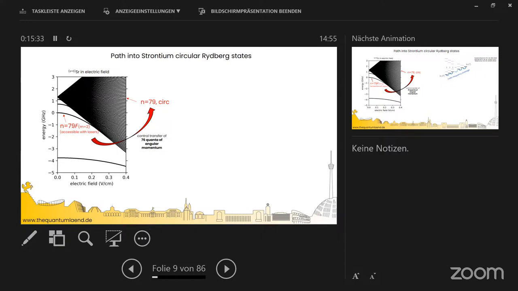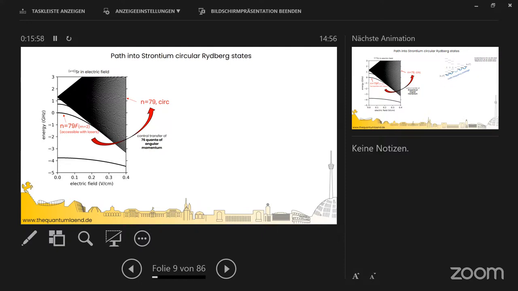And so now the name of the game is you have to bring your electron from here, from this elongated F state, that is polarized F state in an electric field, up to the circular state by actually bringing in this case 76 quanta of angular momentum into the atom. And you can do that by radio frequency, because this ladder of states here is equally spaced.